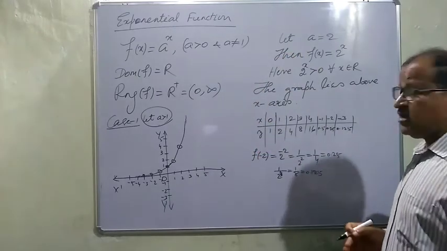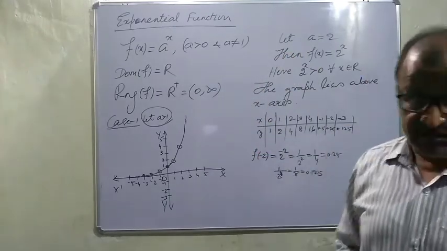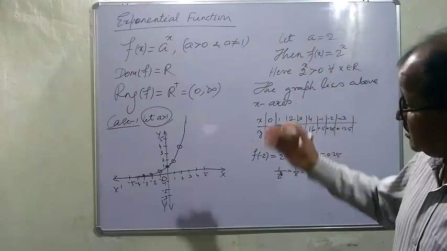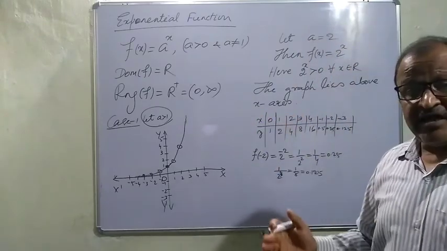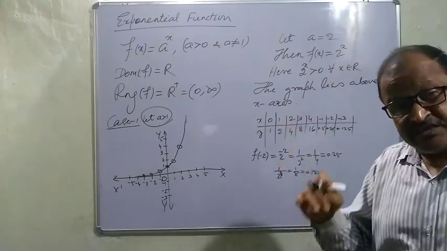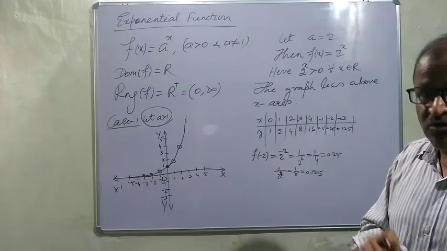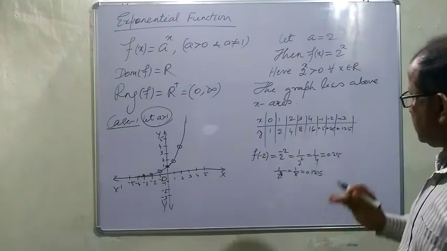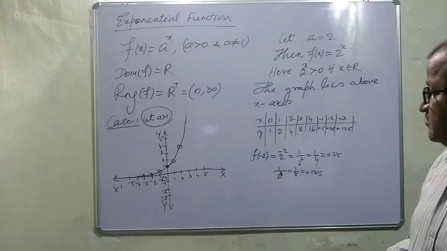Let us take 1 by 2 to the power x, because the case 2, let a be less than 1, that means greater than 0 but less than 1. What will happen? Let us see.